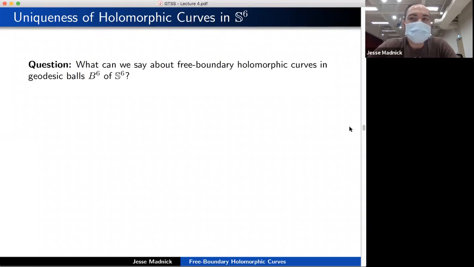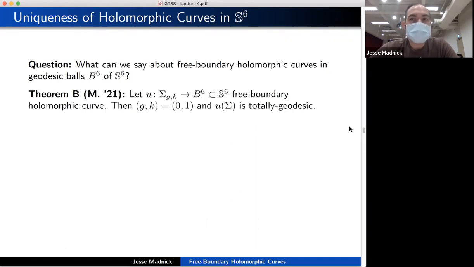So this suggests the question of, is there a similar uniqueness result for other geometrically natural classes of minimal surfaces, such as, for example, holomorphic curves in geodesic balls of S6. And so it turns out that by using pretty much the same methods, you get this result. Suppose you have a holomorphic curve in a geodesic ball of the 6th sphere.